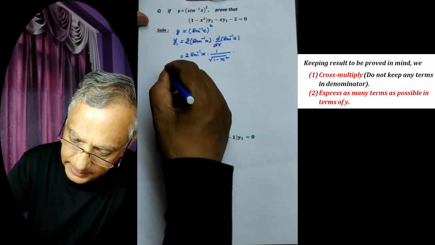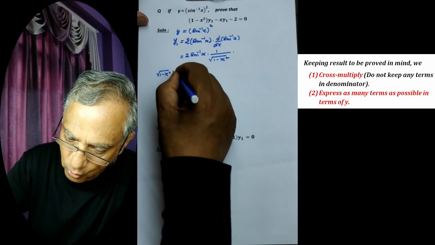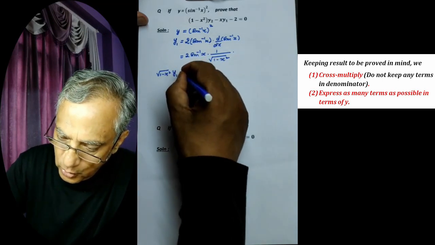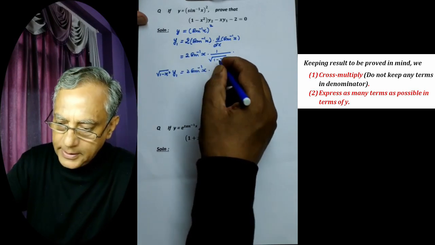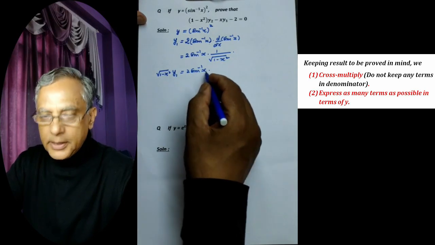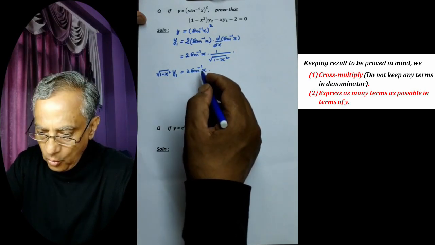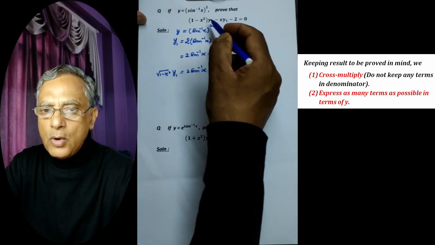Cross multiply these two equations. We get 1 minus x square into y1 is equal to 2 sine inverse x. This has been taken to the other side. Now we have to prove an equation in which y, y1, y2 are involved.